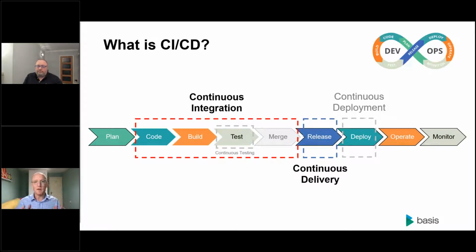But just to be clear on the definition of these terms that we're talking about, as you can see with CI, with continuous integration, we're really talking about this part from code to merge or commit, and that's the step that I mentioned where we're putting new code back into a central code repository. The coding part in here probably isn't going to be automatic these days.